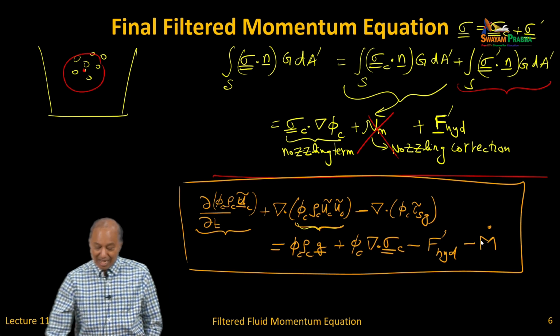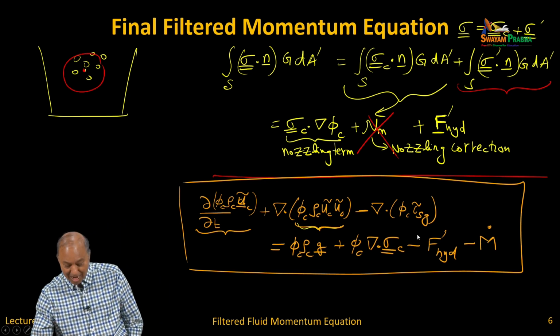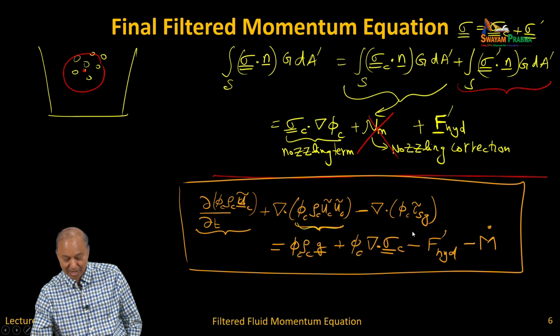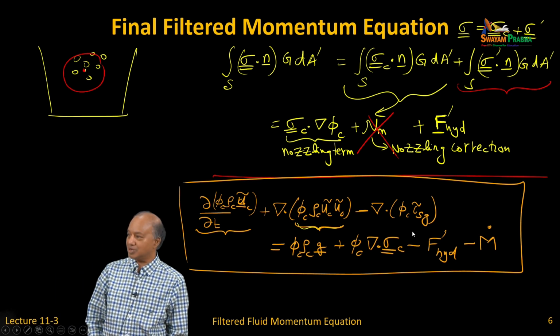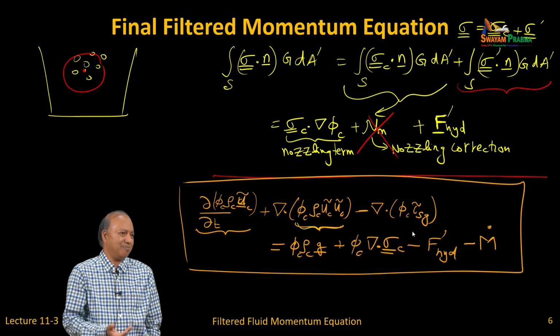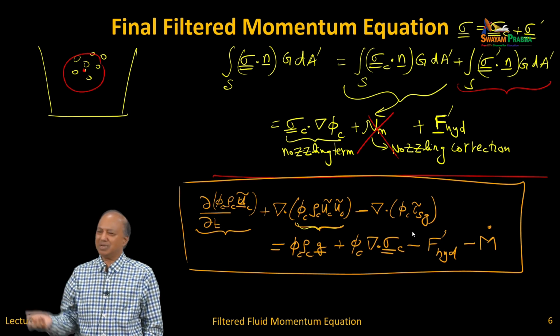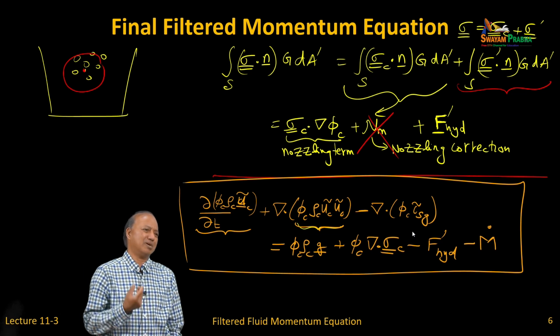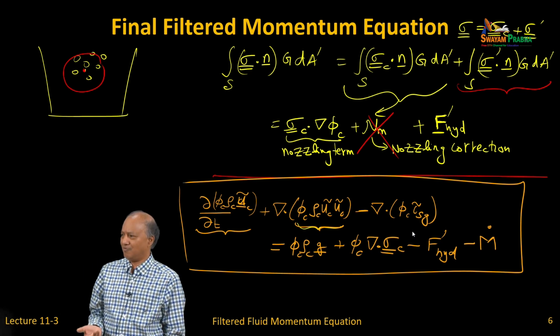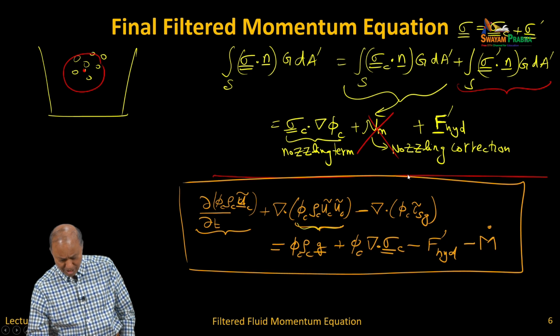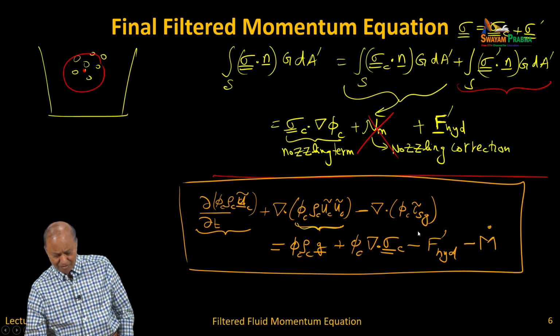You have to model them. What are these terms? This one is the subgrid stress, that u bar term that I was talking about. This is the Reynolds stress term that you have in any Reynolds averaging model. There is nothing new, but now it is written for multi-phase flow. Okay. So, this is the effect of subgrid turbulence.